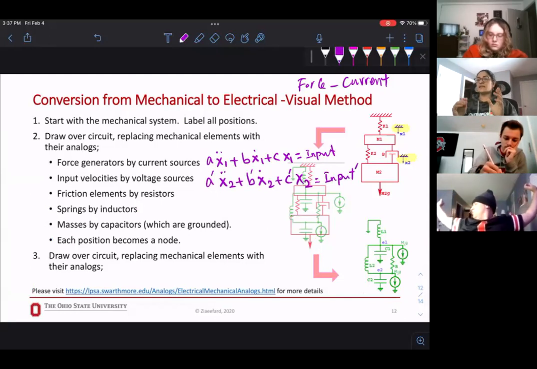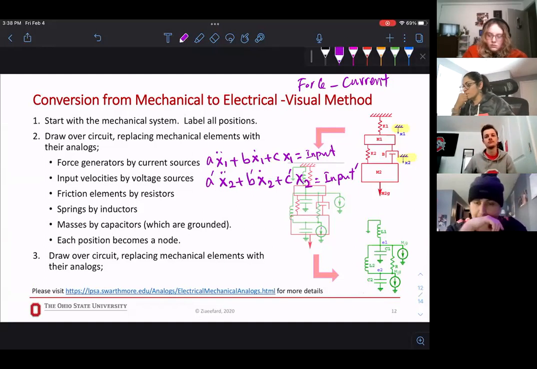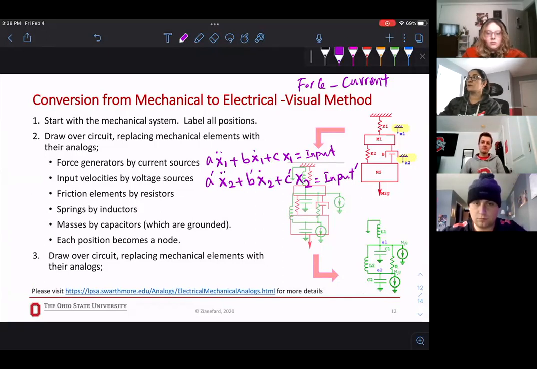So these are things that you should be able to observe when you're dealing with systems, either mechanical or electrical. So how do I know with the electrical system? Well, you have two capacitors, you have two inductors. Do you remember how to identify the order of the differential equation for your electrical system?